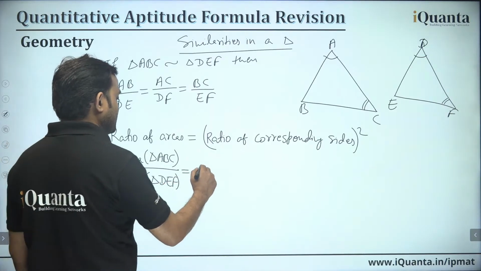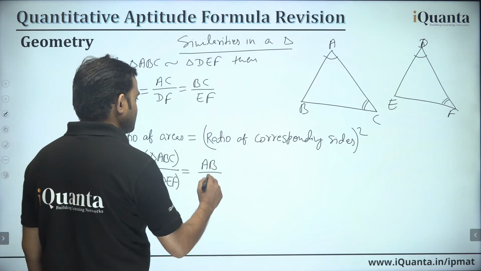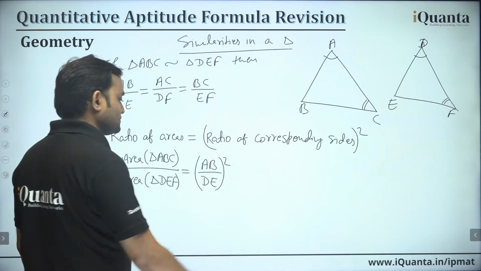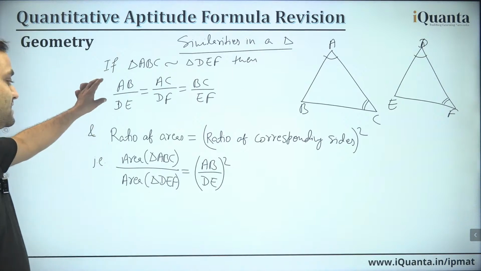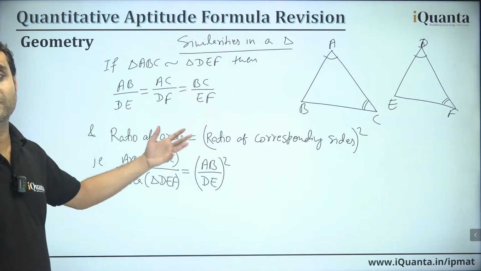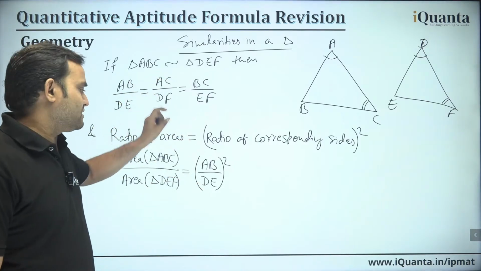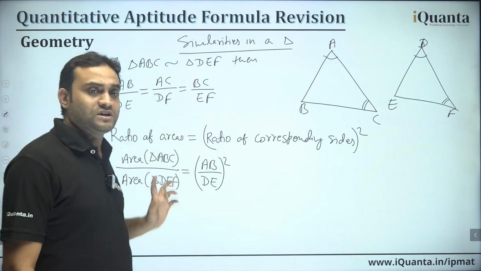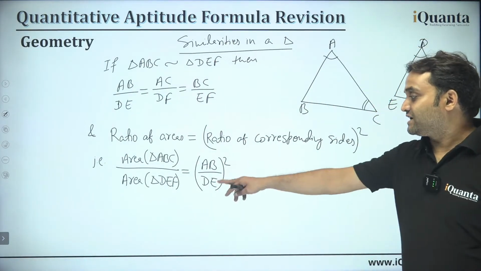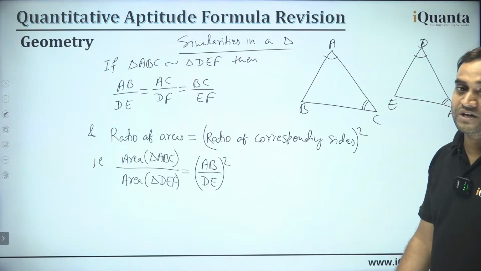This will be equal to AB upon DE whole square, right. This is the ratio of the side length. So ratio of area will be AB upon DE square. Whatever is given, if these two are given, you can use that too. But the ratio of their areas will be the square of the ratio of the sides.